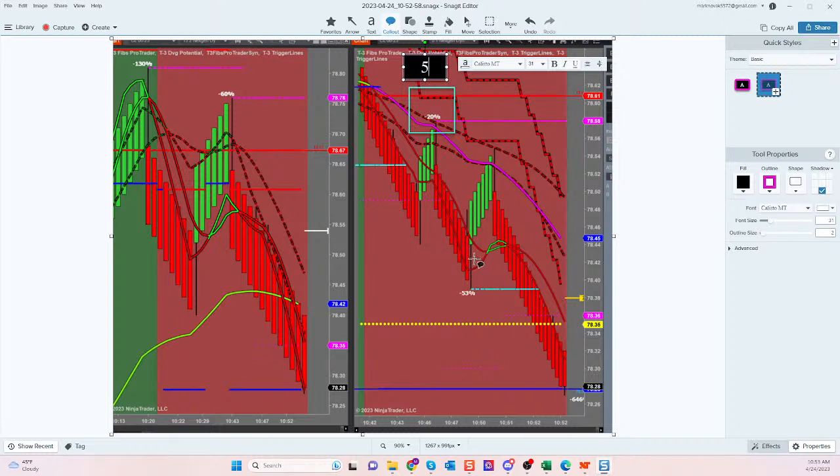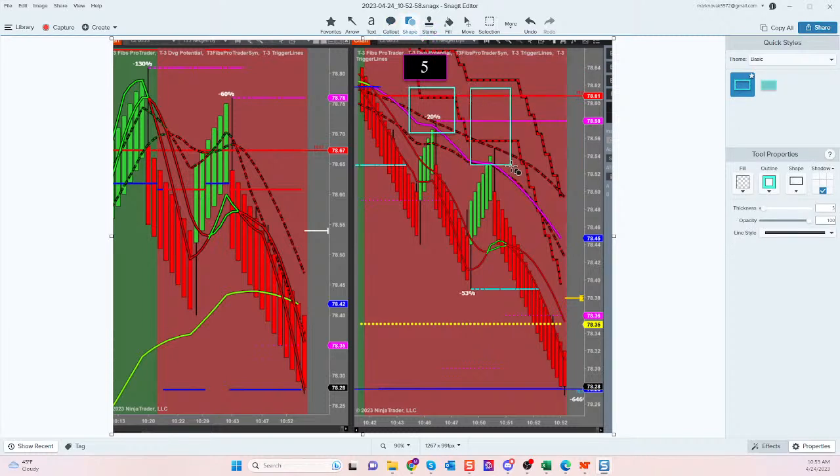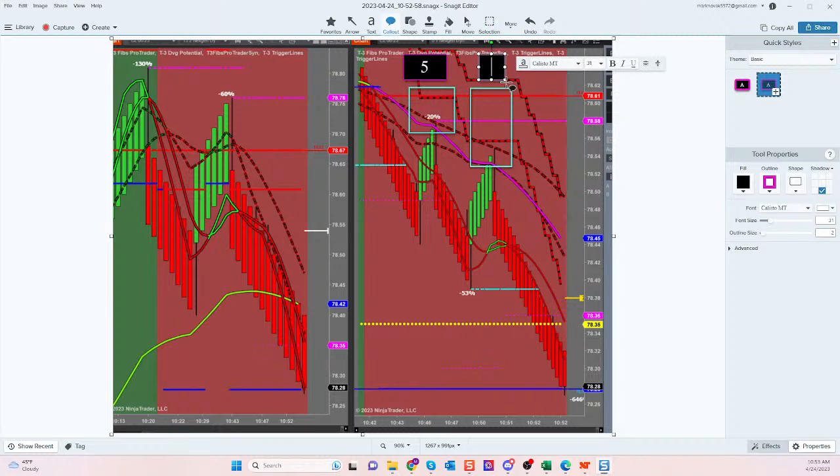When the next one comes down, the trigger lines are stronger. But my window's grown a little bit, hasn't it? Here I have approximately a 9-tick window. Could have taken either, right?